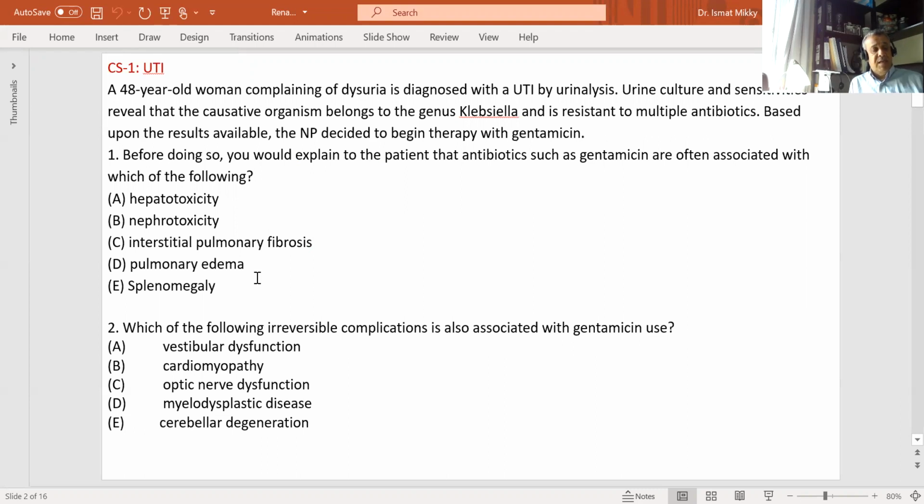Aminoglycosides such as gentamicin accumulate in the proximal tubular cells of the kidney, which will result in a defect in the renal concentrating ability, and that would reduce the GFR, glomerular filtration rate. It takes a few days until it significantly lowers the GFR.